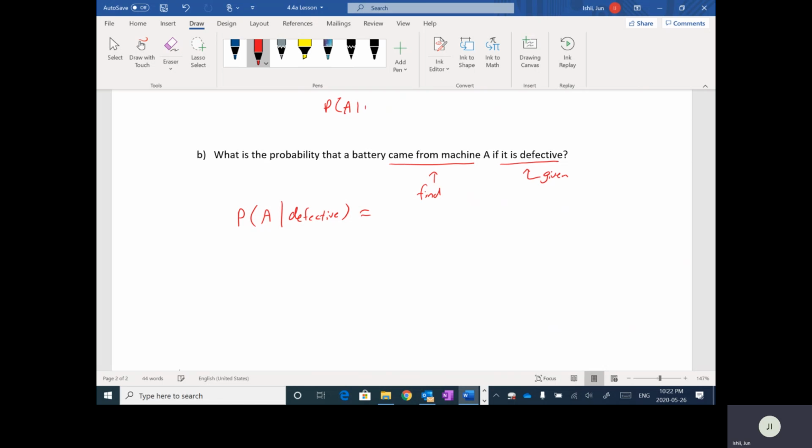Probability of A given B is the probability of A and B divided by the probability of B. Okay, so if we were to interpret that here, the probability that it comes from machine A, given that it's defective, is the probability of machine A and defective divided by the probability of a defective chip.